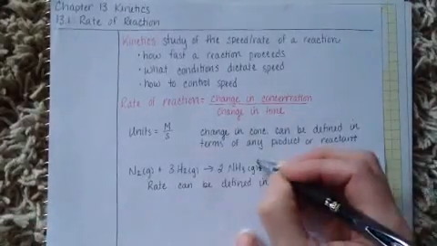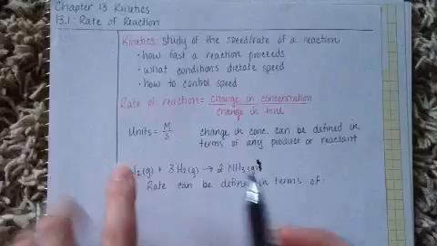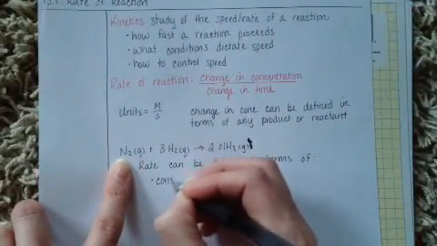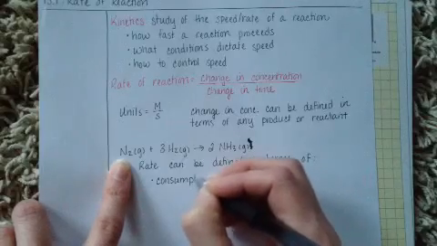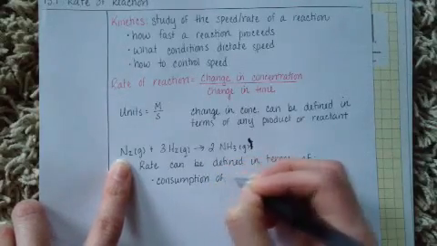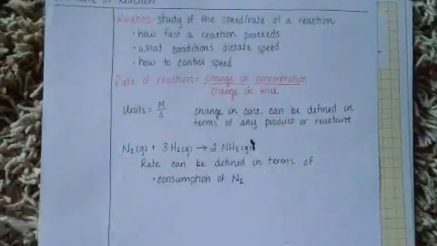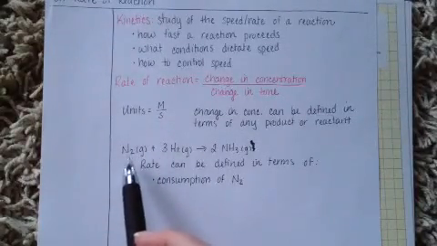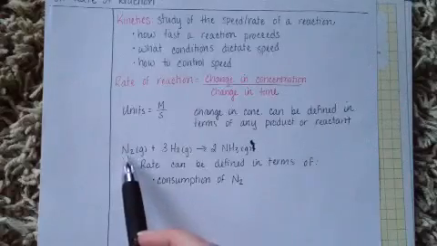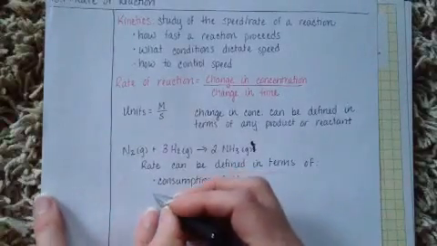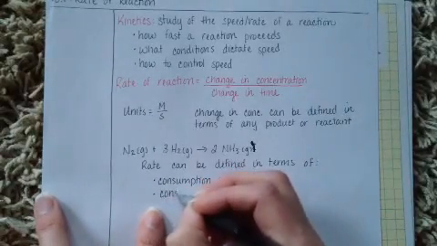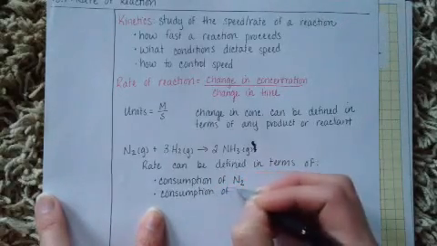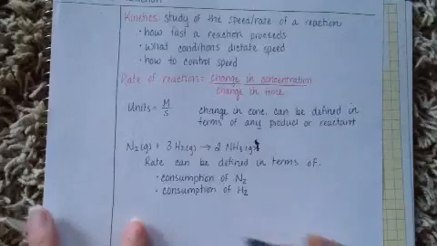So we could calculate the rate in terms of the consumption of the nitrogen gas. If we decided that the nitrogen gas was the easiest molecule to monitor in this reaction, then we could just watch how quickly the concentration of nitrogen drops over a course of time. Or it could be the consumption of hydrogen gas, if that's what we chose to monitor.